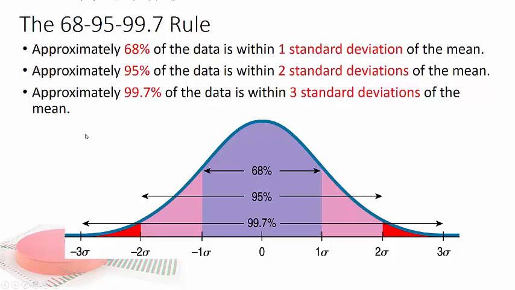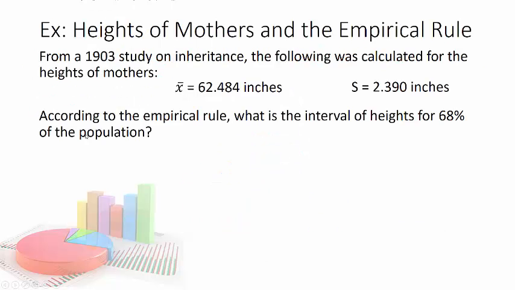So how could we use this? Well, let's take a look at a study in 1903 on inheritance where we were calculating the heights of mothers. The average height was 62.484 inches, and the standard deviation was 2.390 inches. According to the empirical rule, what is the interval of heights for 68% of the population? Well, 68% is just one standard deviation from the mean on both sides.